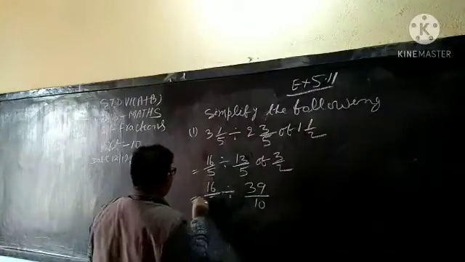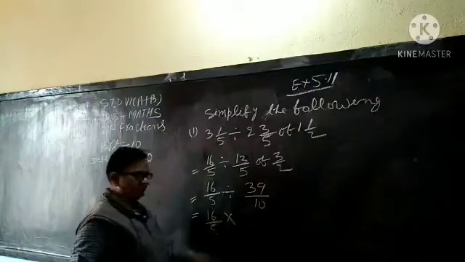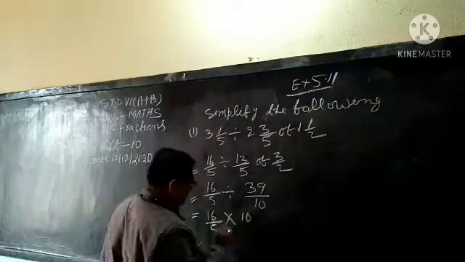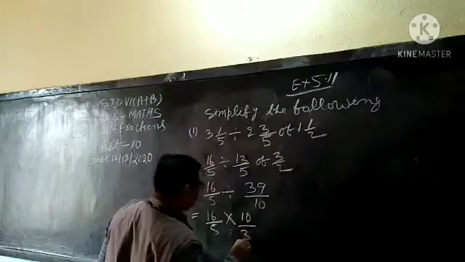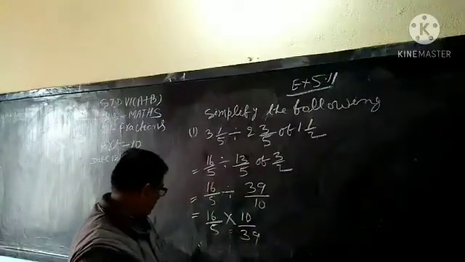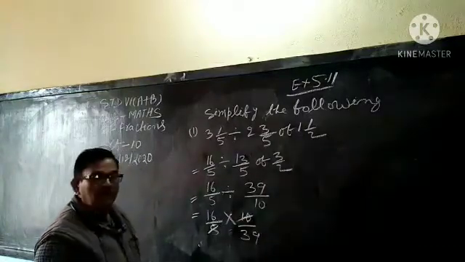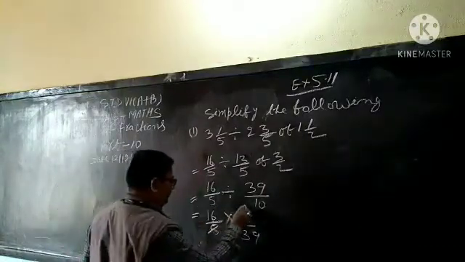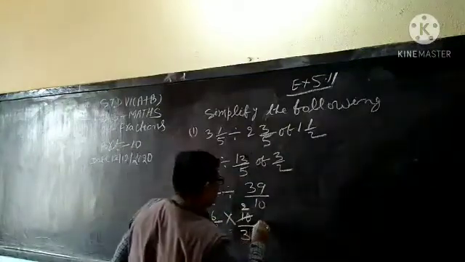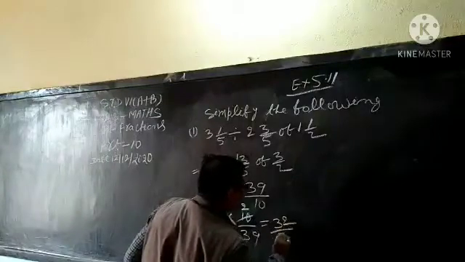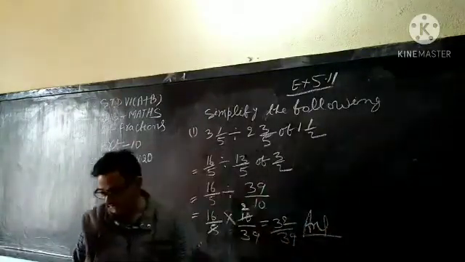Now again what will you do? 16 by 5 into the reciprocal, the number will become reciprocal, so 10 will go up, 39 will come down. Now 5 you can divide with 10, 2 will come, 16 into 2, what will come? 32 by 39. This is your answer. Is it clear?